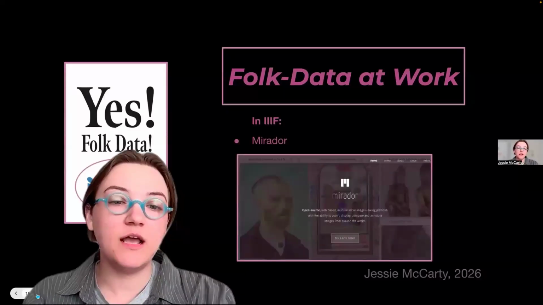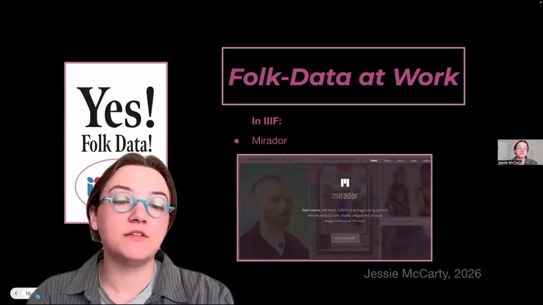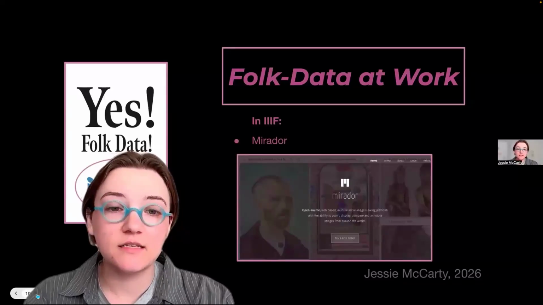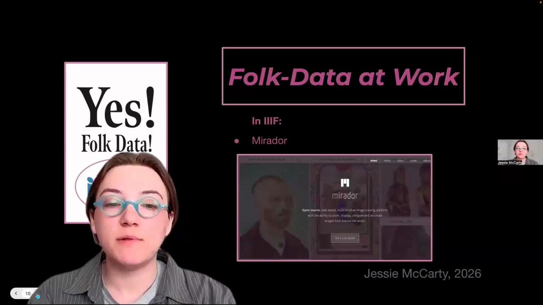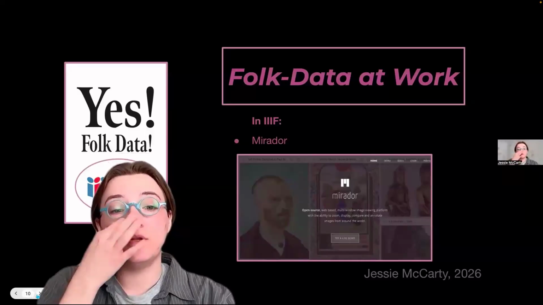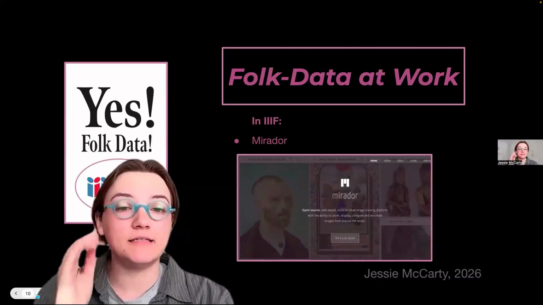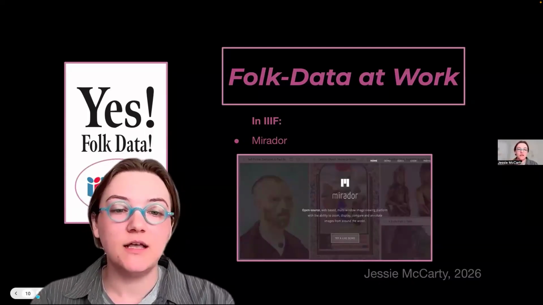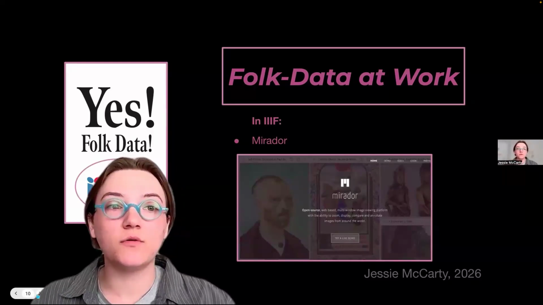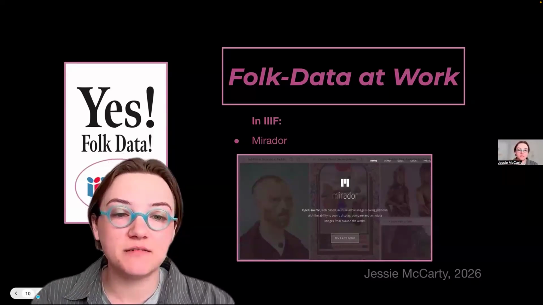In summary, I really believe folk metadata can look like various things. It can broaden and make tagging tools more accessible across platforms and offer community thinking to our digital assets, especially when retrieving or sharing them across libraries. So where is folk data happening in IIIF systems?